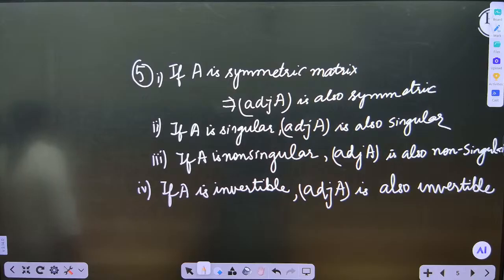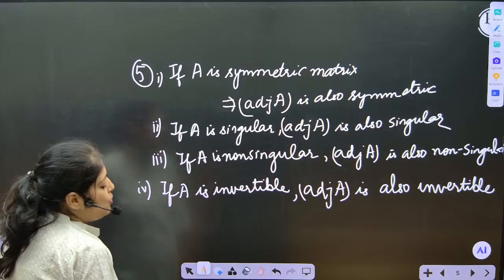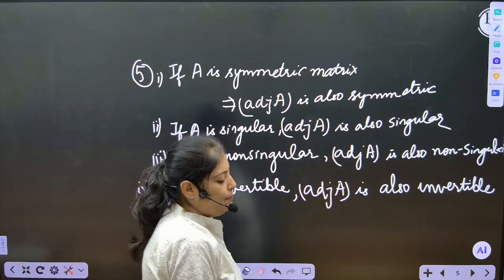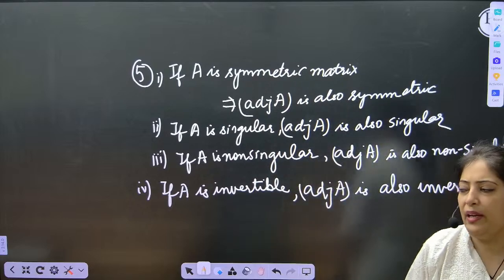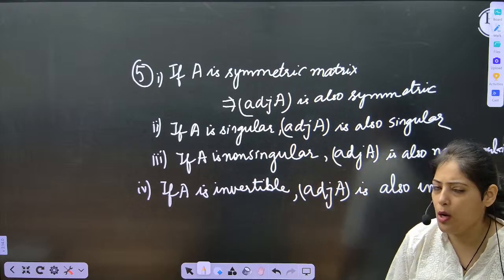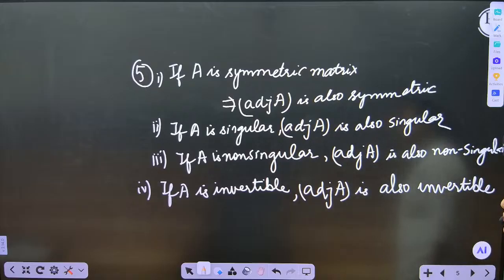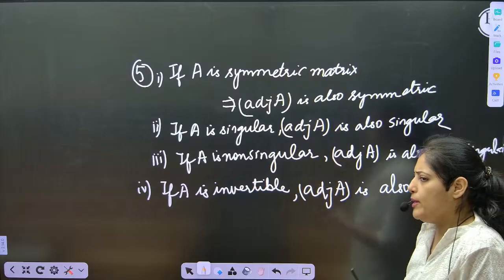If A is singular, adjoint of A is also singular. If A is non-singular, adjoint of A is also non-singular. If A is invertible, adjoint of A is also invertible. So these are the 4 behaviors we are talking about, and if time allows, I'll give you the examples also. Otherwise, next.